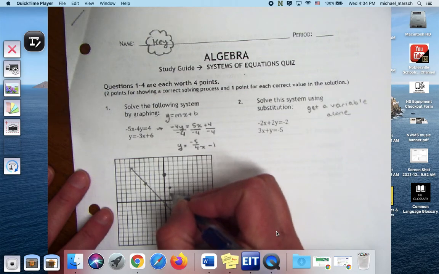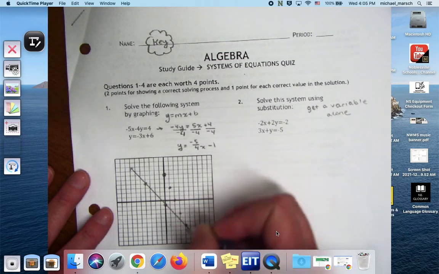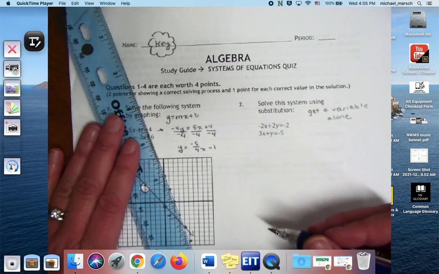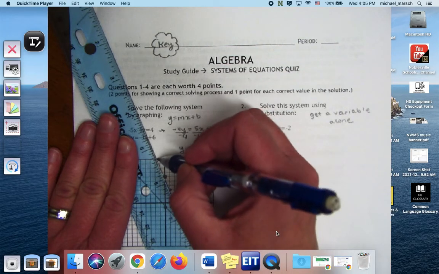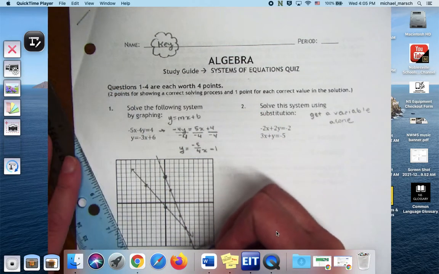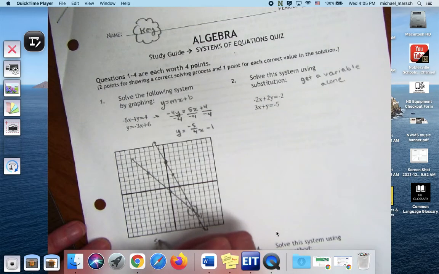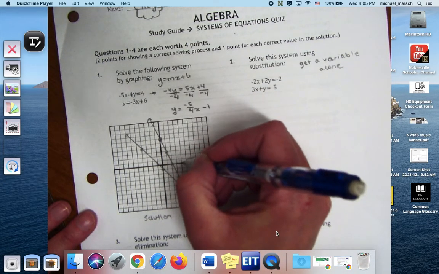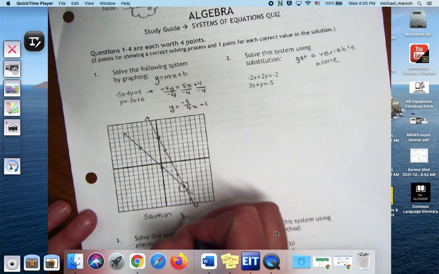Down 3 over 1. So it's kind of way down here, but they do intersect, right? So this is going to be my solution, which is positive 4, negative 6.